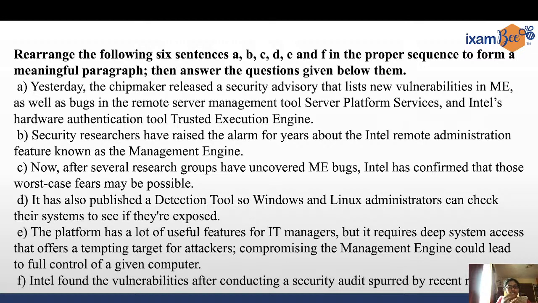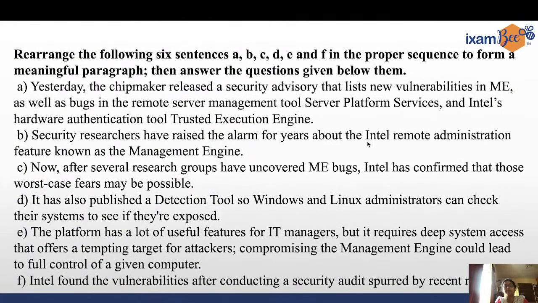"Yesterday the chip maker released a security advisory that lists new vulnerabilities in ME." Please look, these are tips and tricks and clues. ME is an abbreviated form, right? So if this is an abbreviated form, try to find a sentence where you get to know the real content about ME.